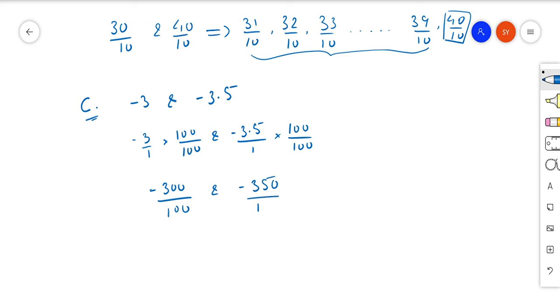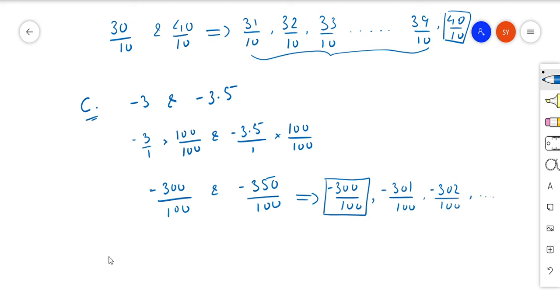Now you can write n number of numbers. There are around 49 numbers that will be coming between this. So between -300 upon 100, this you cannot include. After that you can write -301 upon 100, -302 upon 100 and so on till -349 upon 100.